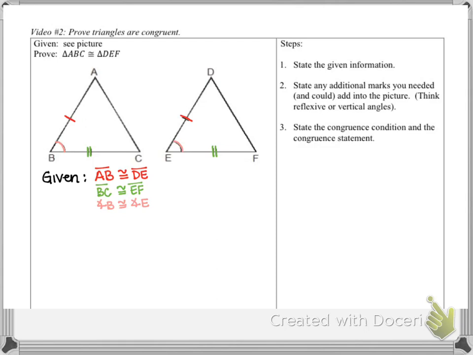So I am going to start at A. If I start at A and I go across the red line segment, I want to do the same thing in the other triangle. Start at the empty corner that forces you to go across the red line segment first.